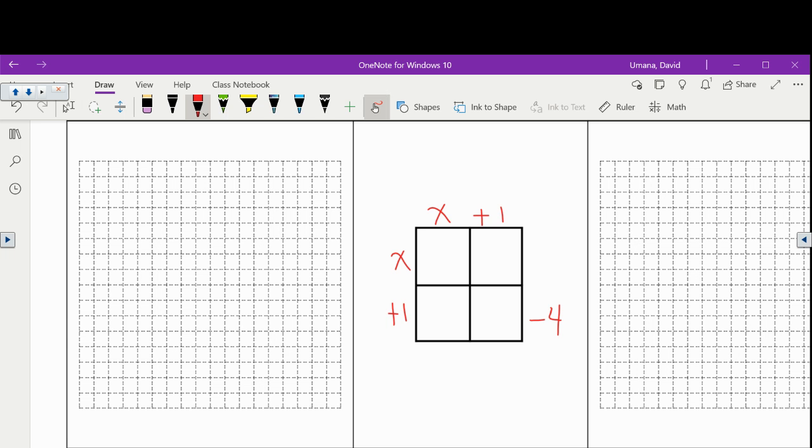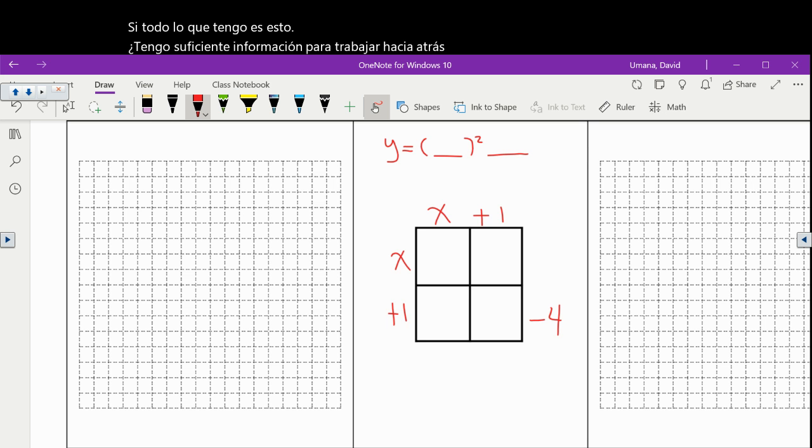If all you saw was that, I guess my first question is, do I know the equation? In other words, do I know what this should look like? If all I have is this, do I have enough information to work backwards and fill out everything else?